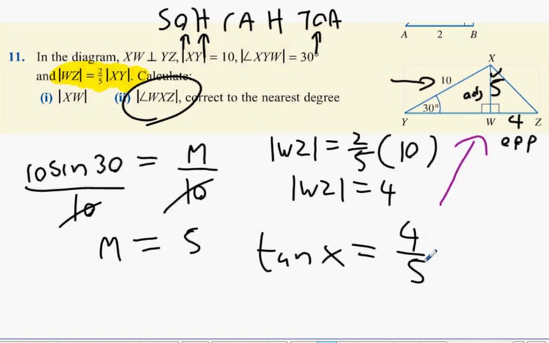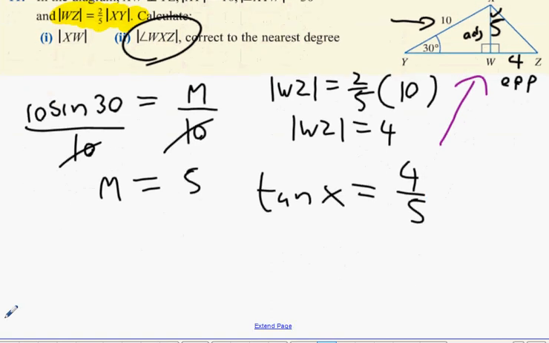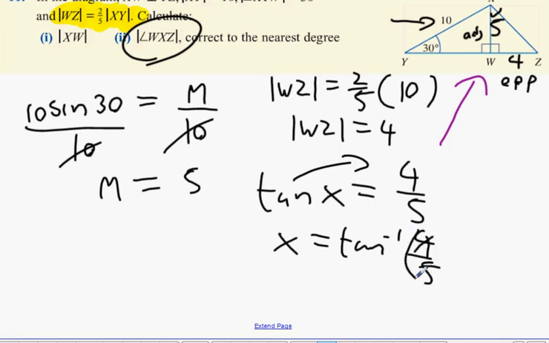How'd you get x on its own? Yeah, x. 4 over 5, yes sir, you're right. And what do you get? Anybody get it? Oscar?